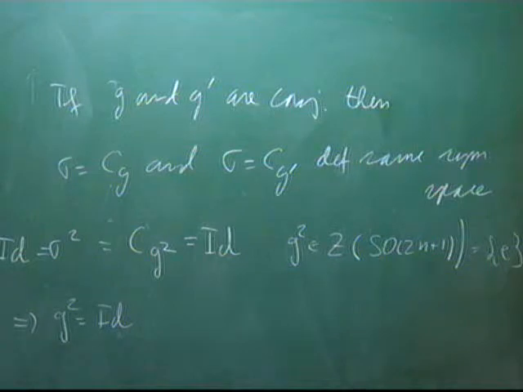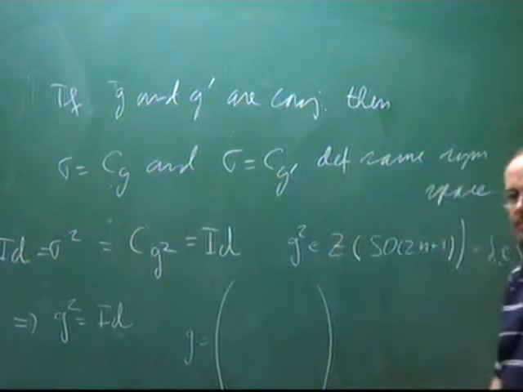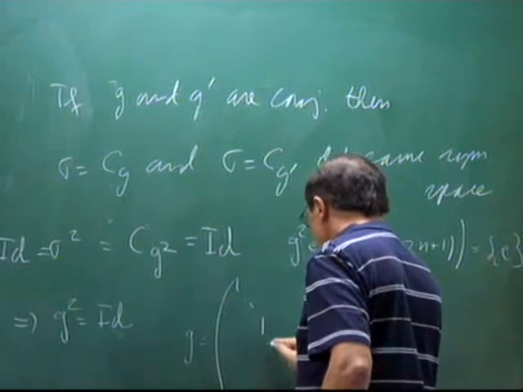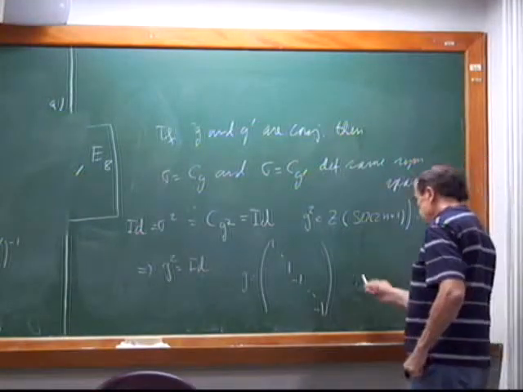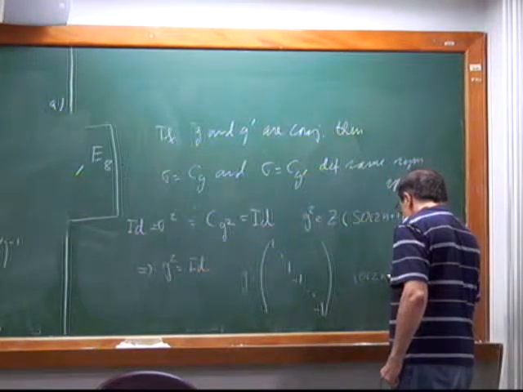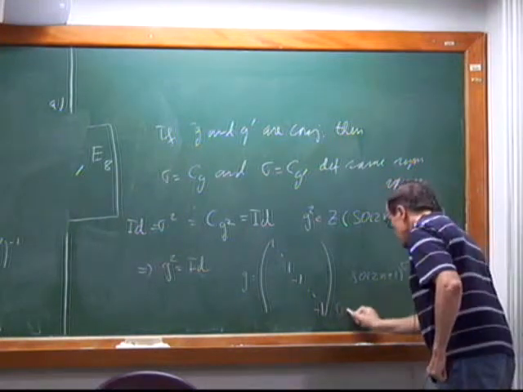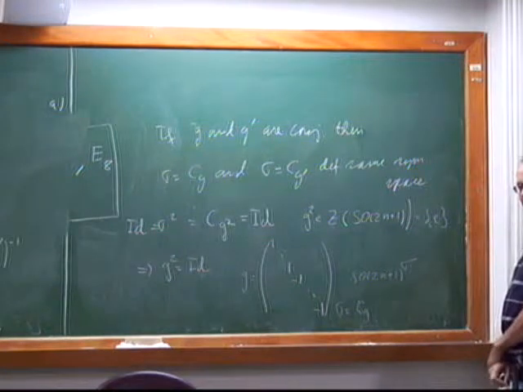So what's the normal form of a matrix whose square is the identity and is orthogonal? Plus and minus 1 along the diagonal. So in that case, what's the fixed point set? SO(2n+1) fixed under this conjugation by this element. We've seen that before, right?